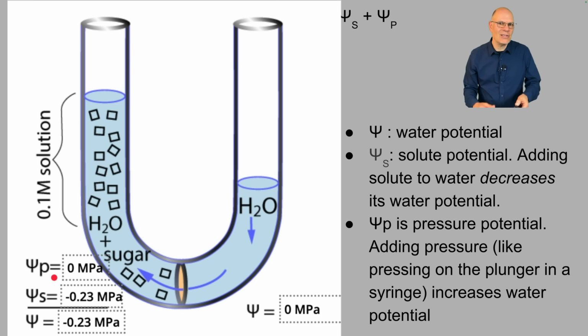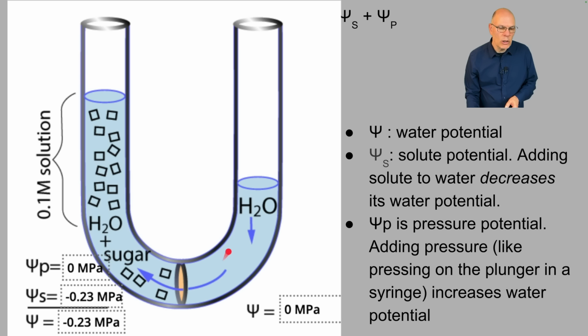Pressure potential is 0. There's nothing pressing down on either side, but adding solute lowered the solute potential over here to negative 0.23 megapascals, and that's the unit that's used for pressure. So the total water potential over here is minus 0.23 megapascals.